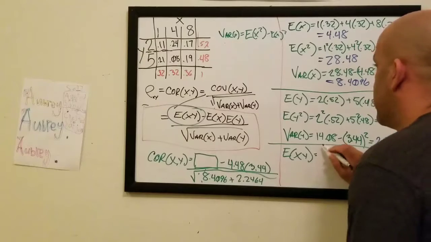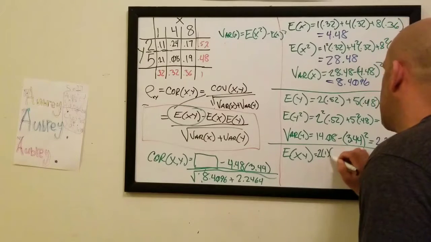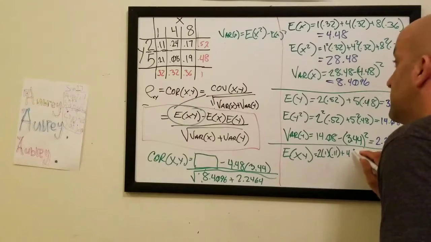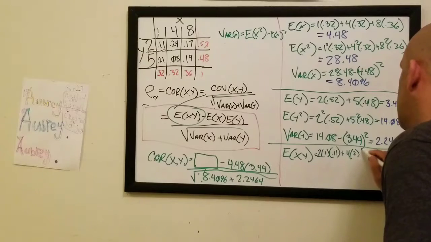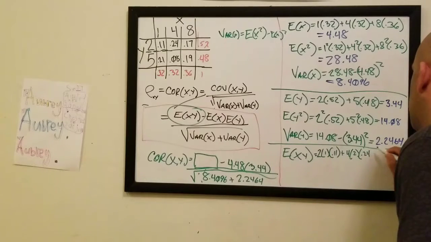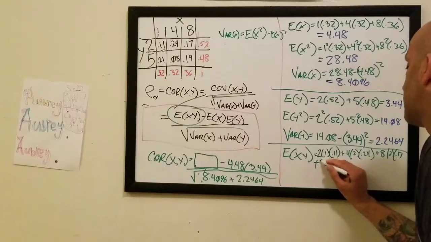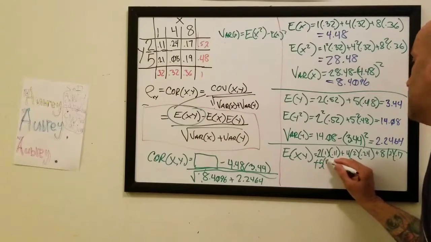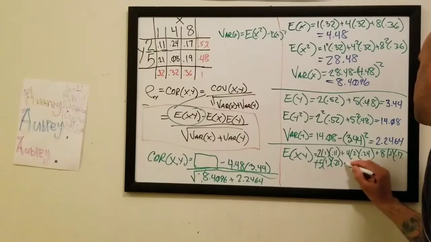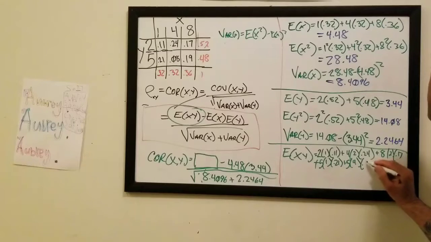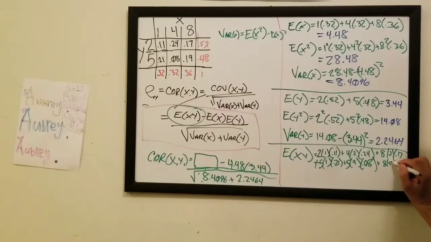So we're going to have 2 times 1 times 0.11 plus 4 times 2 times 0.24, 8 times 2 times 0.17 plus 5 times 1 times 0.21 plus 5 times 4 times 0.08 plus 8 times 5 times 0.19.